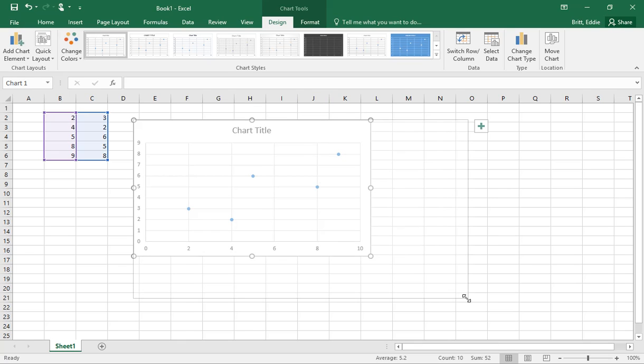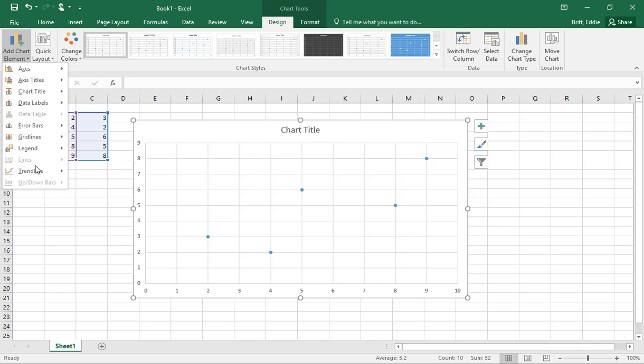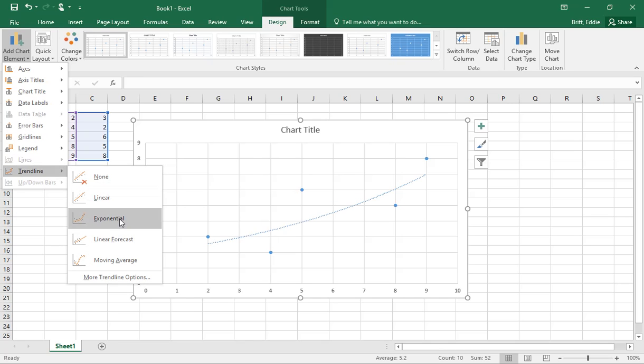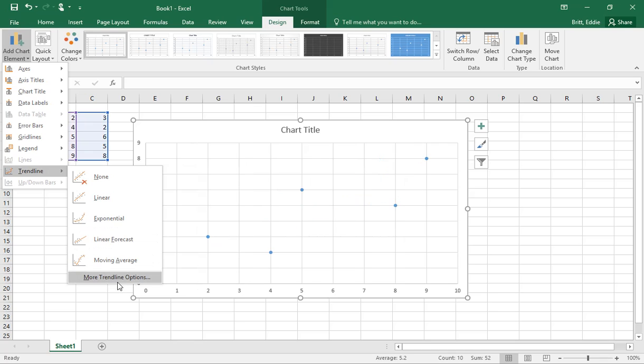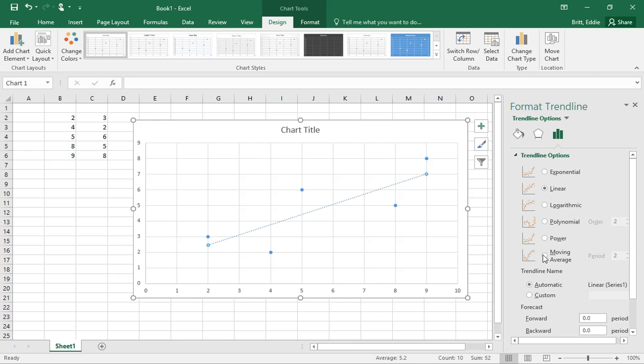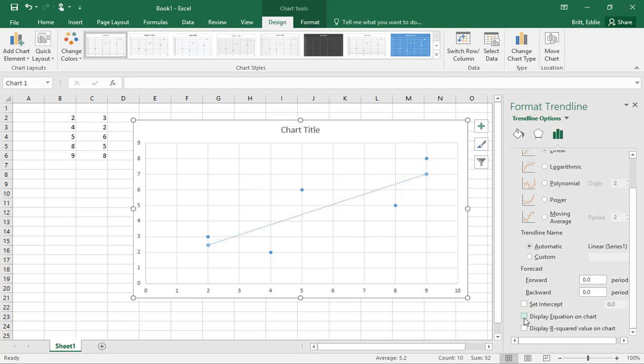Now, if I want to display the least squares line, I have to add an element to the chart. I have to go down to the trendline, and I think I can just go straight to more trendline options. Okay, so put in the linear. See, that's the line. I want to see the equation.